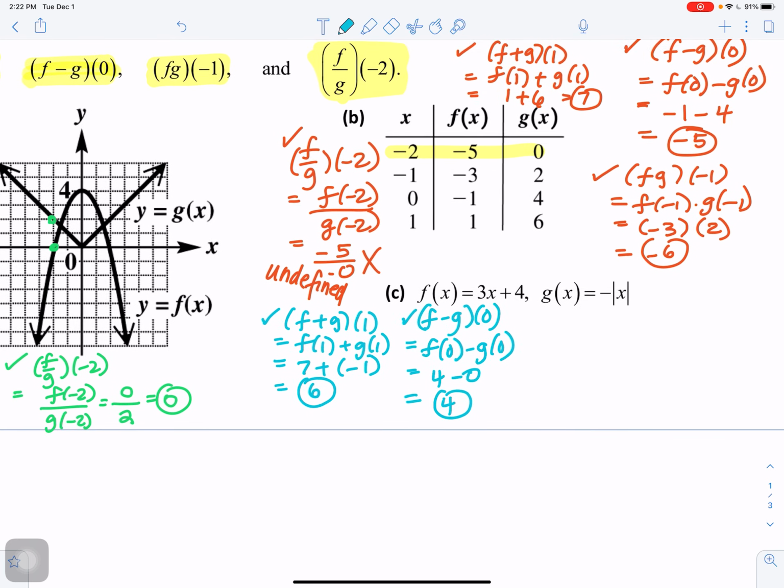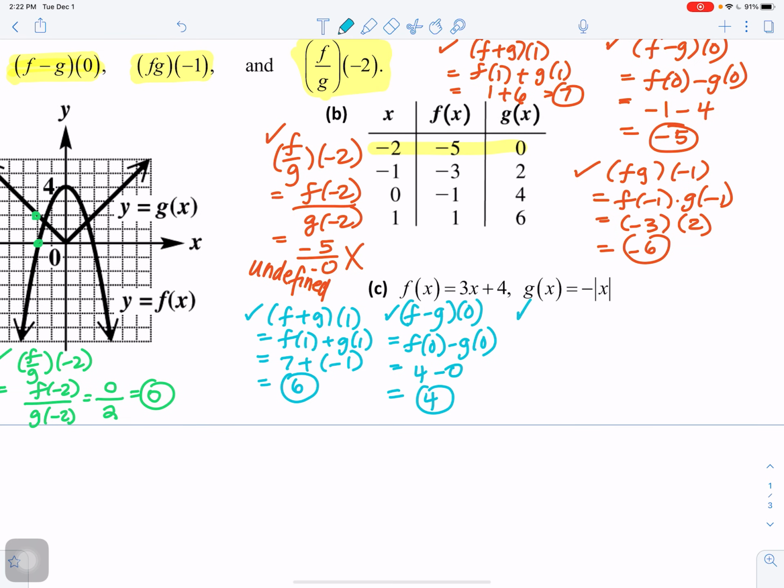Here we go. Fg of negative 1 is equal to f of negative 1 times g of negative 1. And f of negative 1, look at that. F of negative 1 is 3 times negative 1 plus 4. That's a negative 3 plus 4, and that's just a 1.